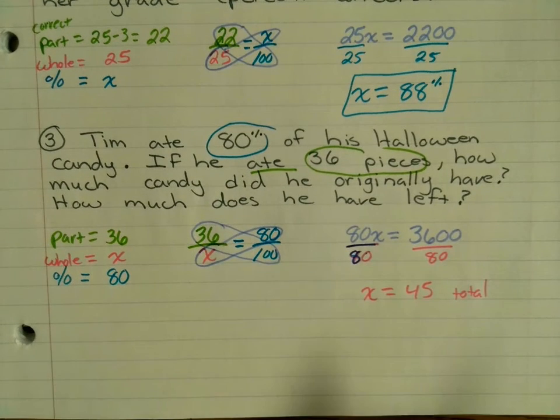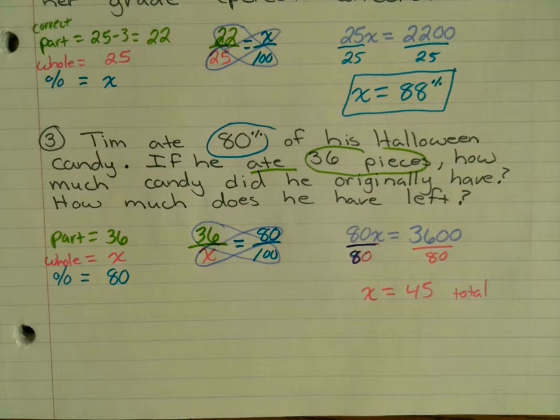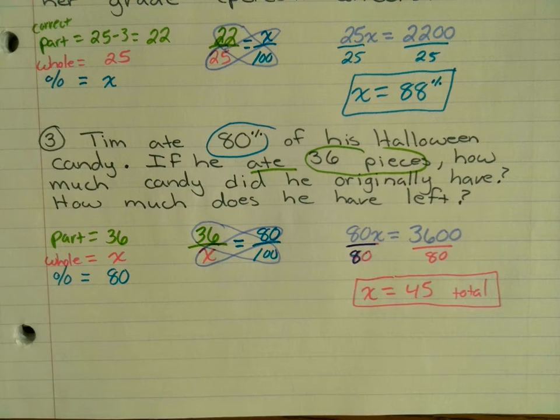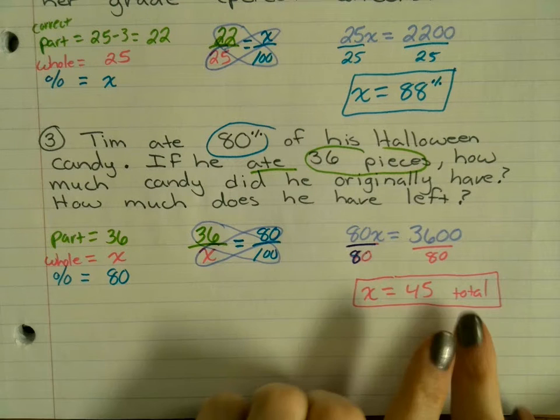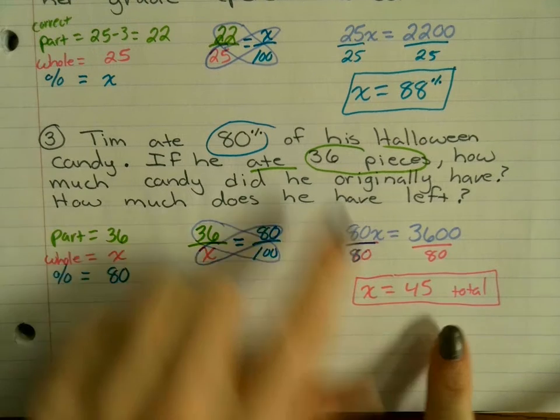Now, my second question is, how much does he have left? So if this is how much he started with, how do I figure out how much he has remaining to eat? Eileen? Very good. We're going to take 45, which was his original amount, and we're going to subtract how much he actually ate.